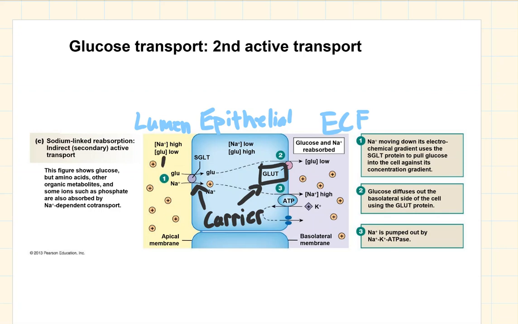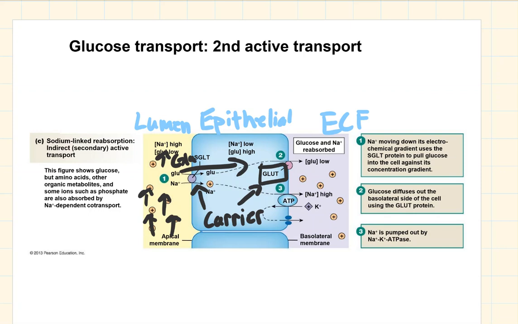Meaning if you keep adding glucose to this side, you will eventually reach a maximum rate at which glucose can cross this membrane. No matter how much more glucose you put out here, you will reabsorb glucose at the same rate because that transporter has become fully saturated.